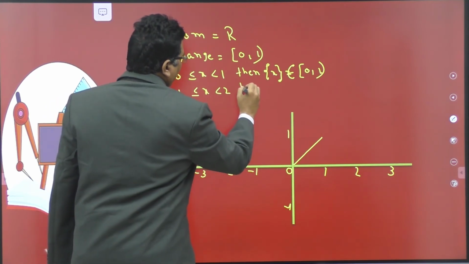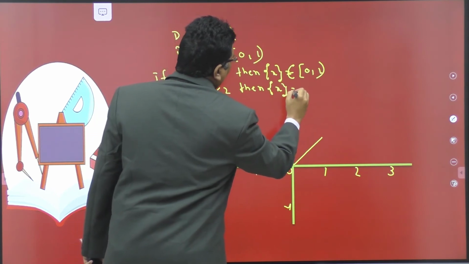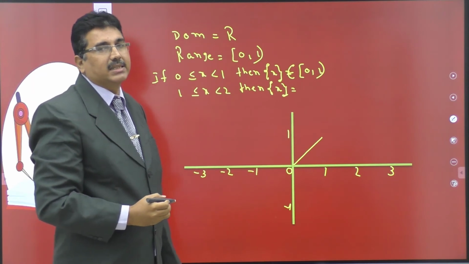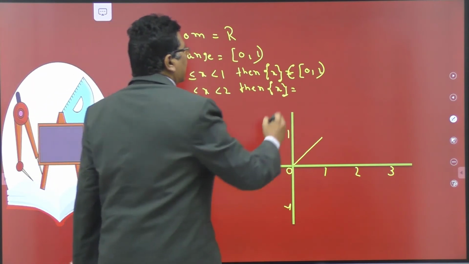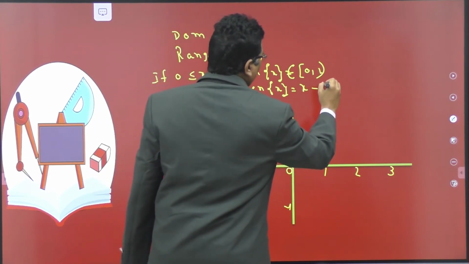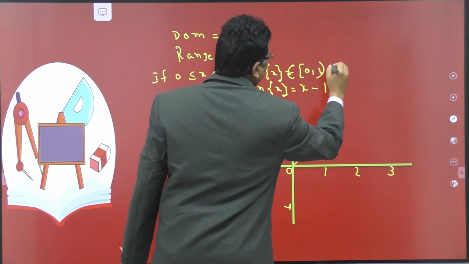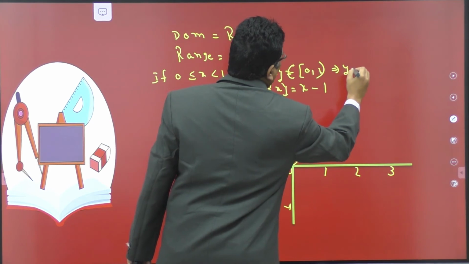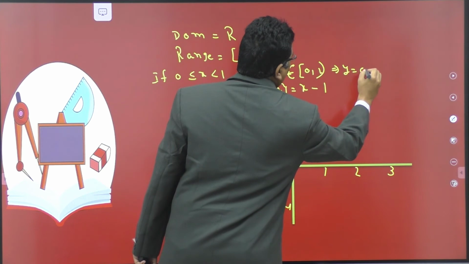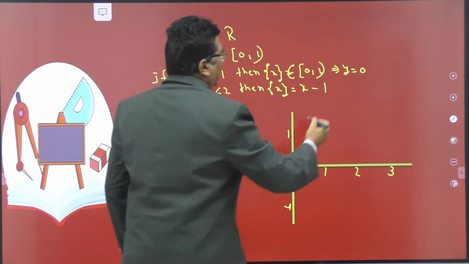Then the fractional part of x is equal to, our definition, x minus box x. Here box x is equal to 1.